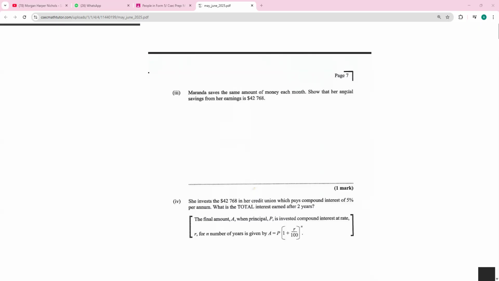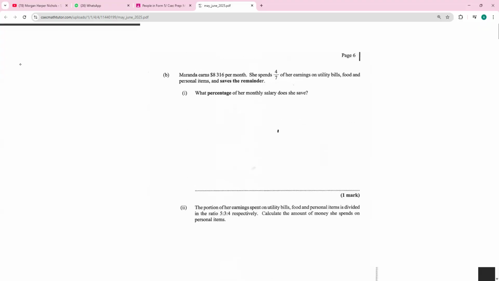Show that her annual savings from her earnings is 42,768. All right, so remember, just taking back a little from the question, because it's a continuation. The salary was $8,316.